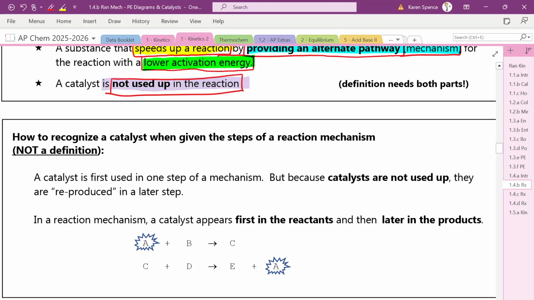Well, unlike the intermediate that is first produced and then later used, the catalyst is first used and then later it is produced. So it appears first in the reactants and then later in the products.